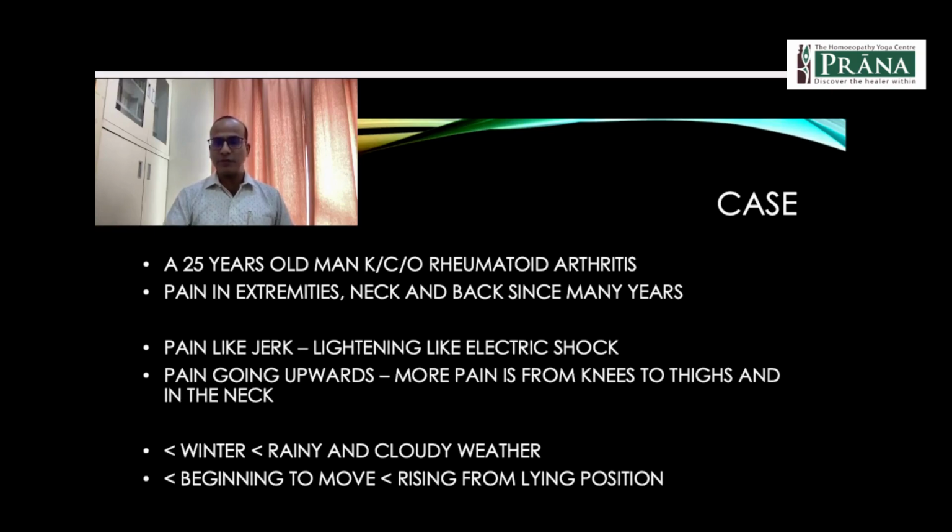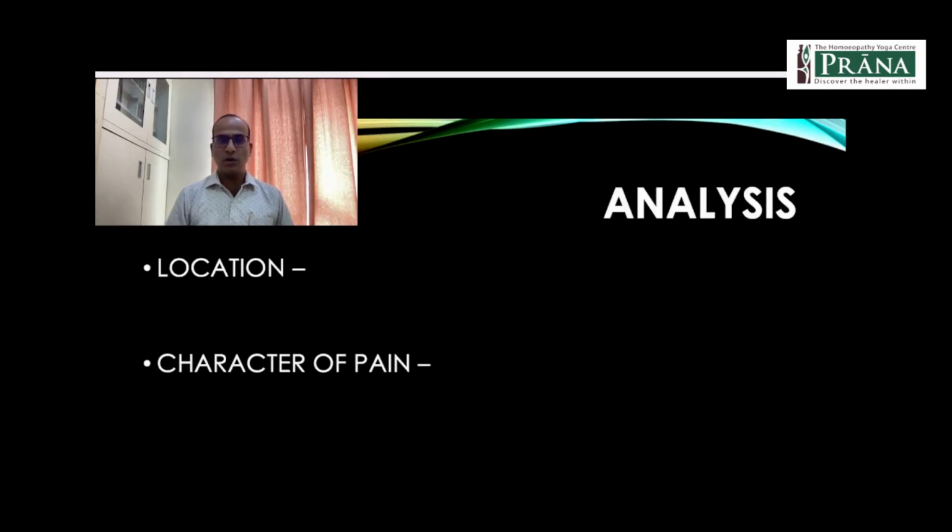When we try to analyze the case, what I understood is that the location he is describing is very characteristic, and the character of pain is also very characteristic. So we can see the PQRS at the local level. What is the location?